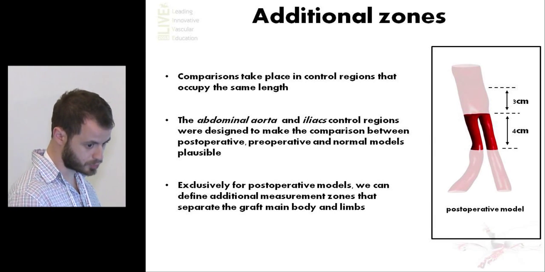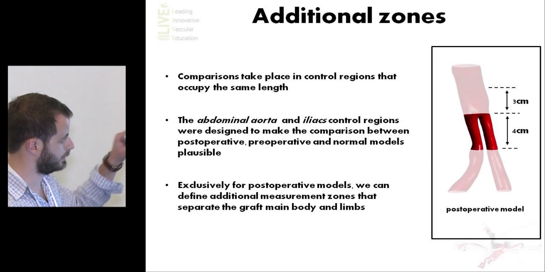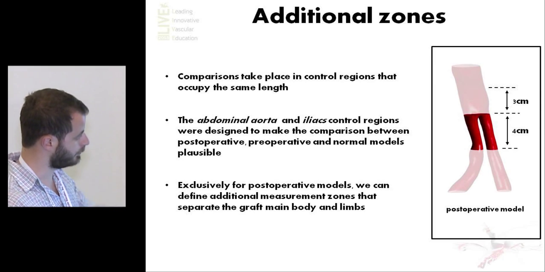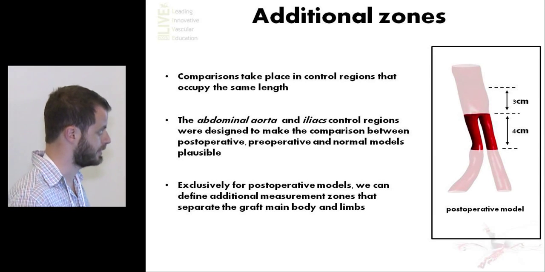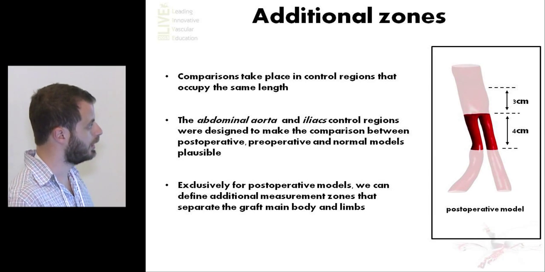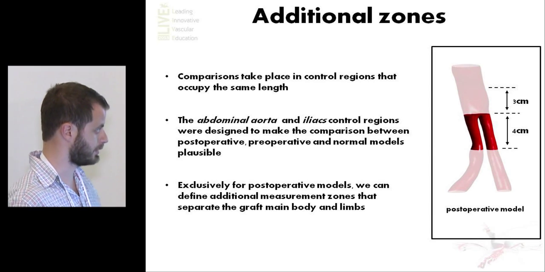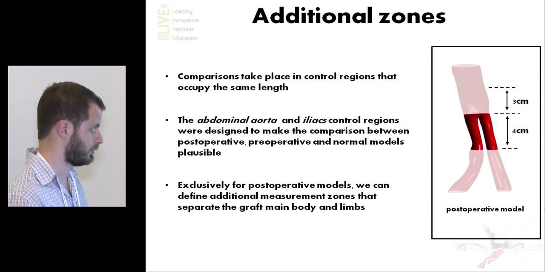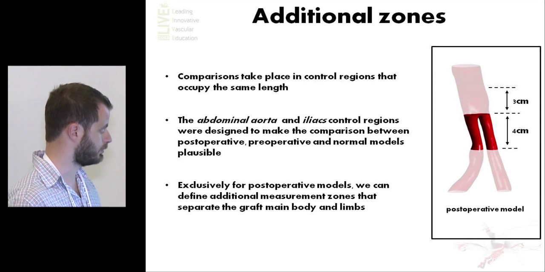So, based on a postoperative model, we went at the level of the flow divider here, and we go up 3 cm and 4 cm up, and 3 cm up and 4 cm down, and we define the cross sections, and then the graft main body control region and the limbs control region.